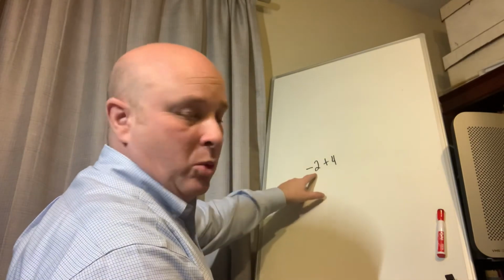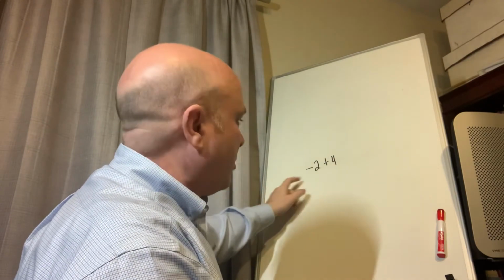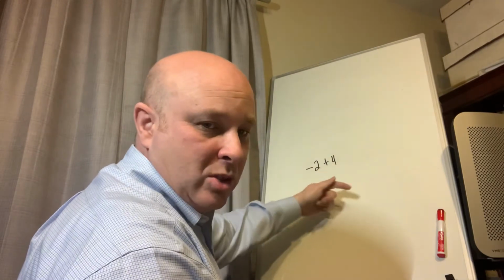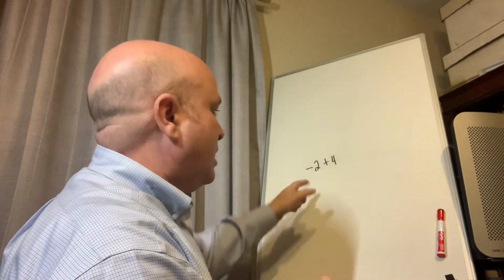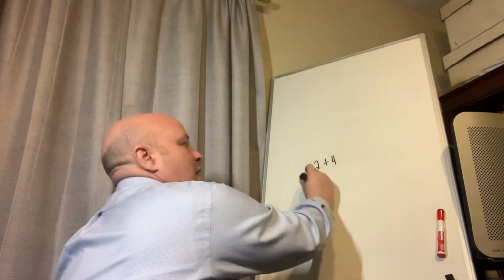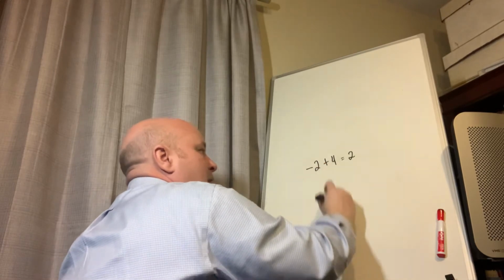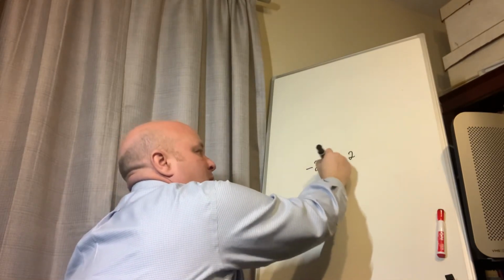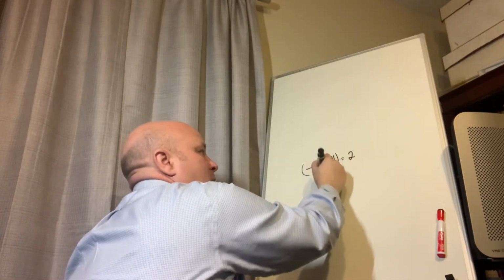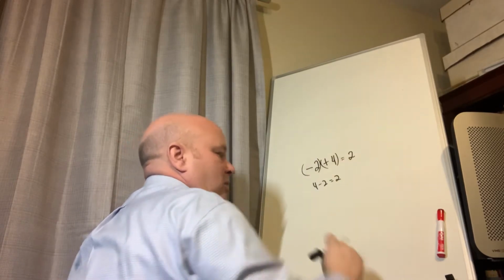So I'm going to go negative 2, that means 2 to the left, 2 away from 0. I'm going to go 4 to the right, which is a positive, and I'm going to end up with a positive 2 as an answer, okay? So negative 2 plus positive 4 equals 2. I can write the same problem by taking these numbers and moving them around. I can say 4 minus 2 equals 2. It's the exact same problem.